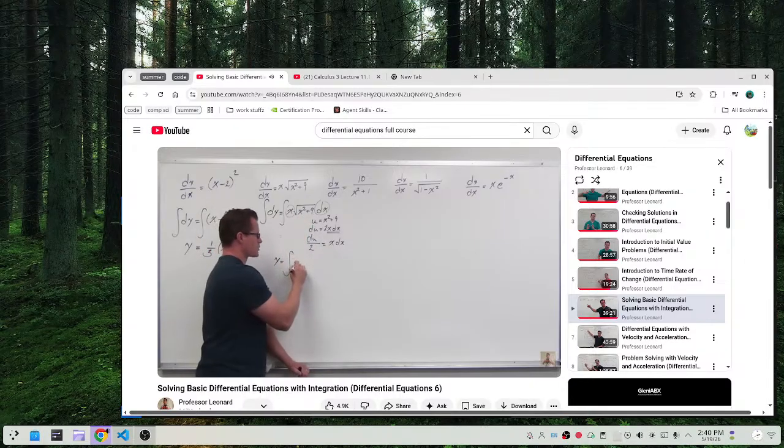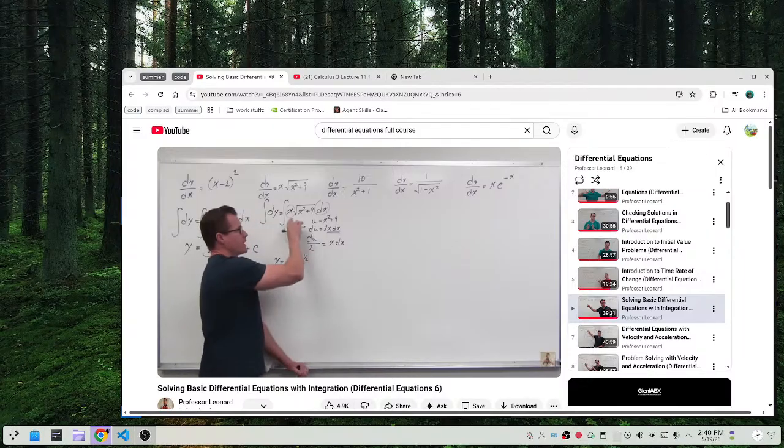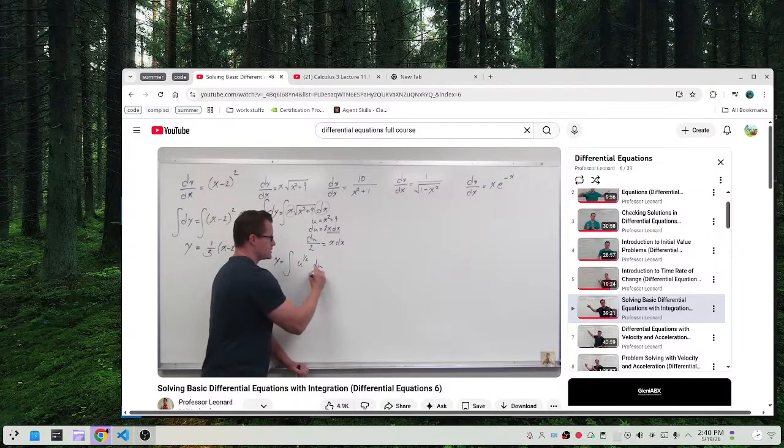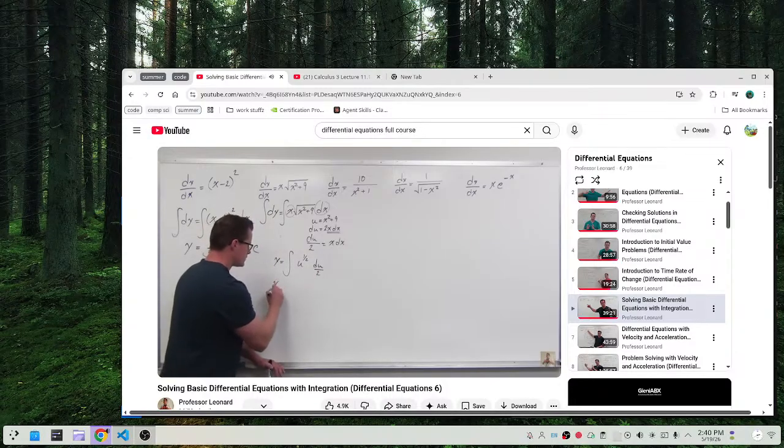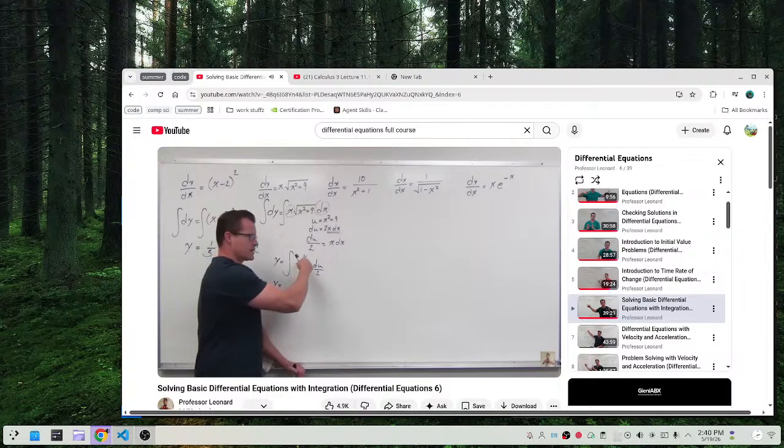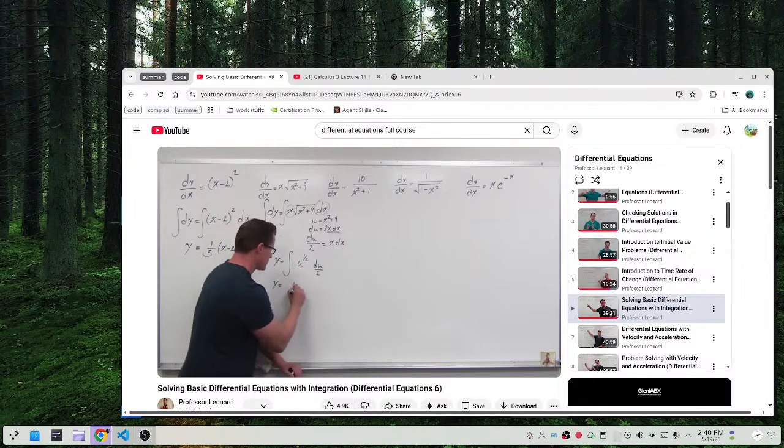So here's our square root of u. We'll call that u to the 1/2. We know that x dx is du over 2. So when we do our integral, we've got this, hey, let's add 1 to the exponent. That's going to give us 3/2 over 3/2.